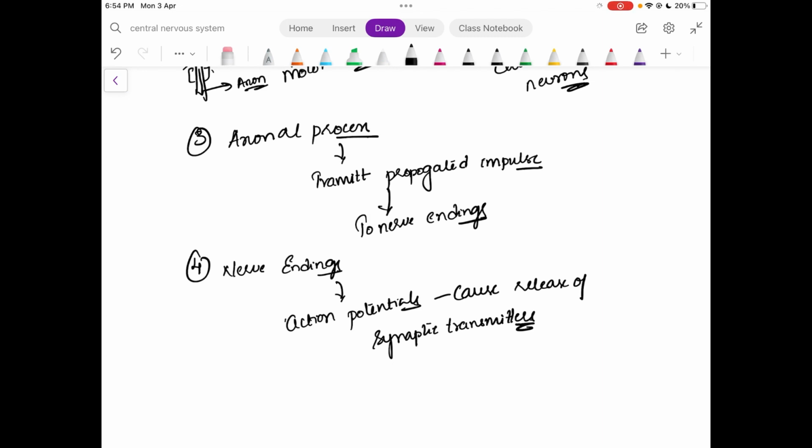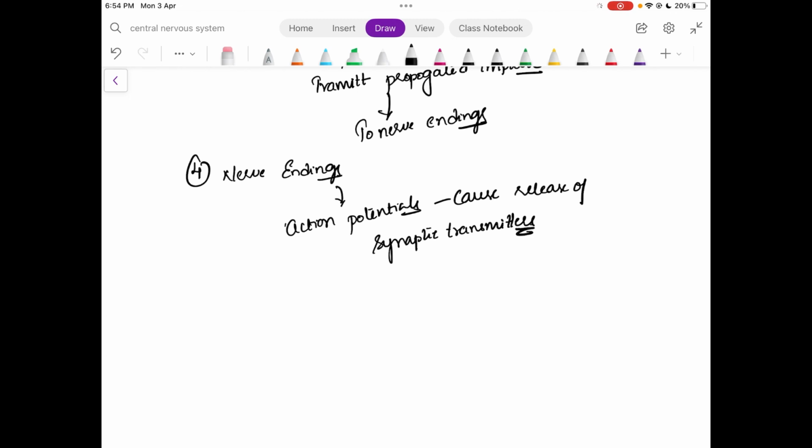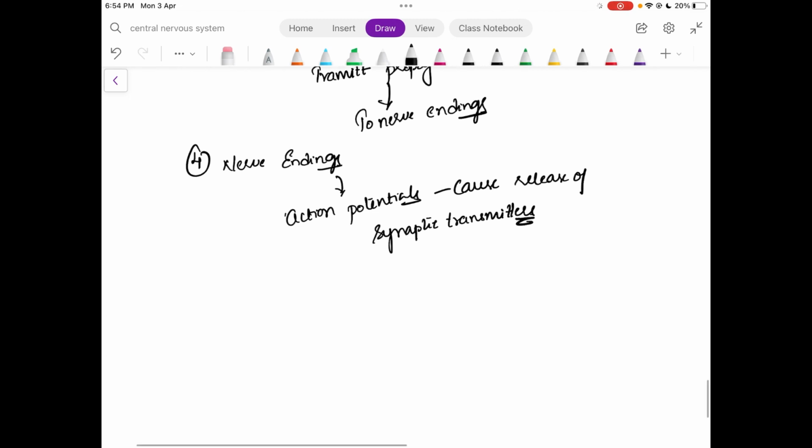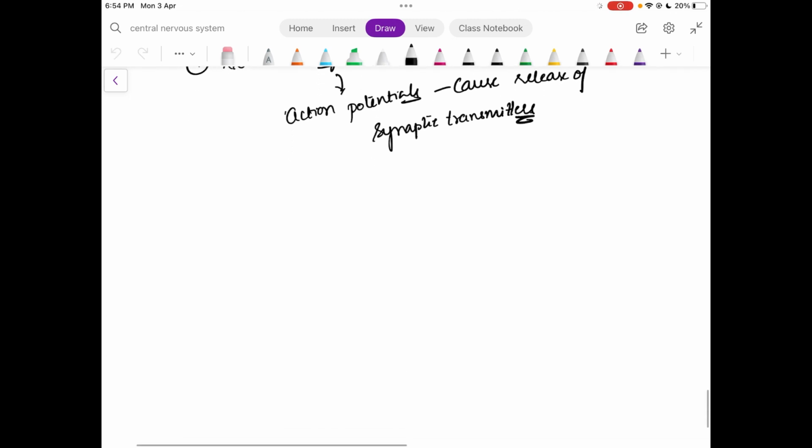Based upon the function, these neurotransmitters are released. So these are the four zones, and we'll see what is the function of each part of a neuron.